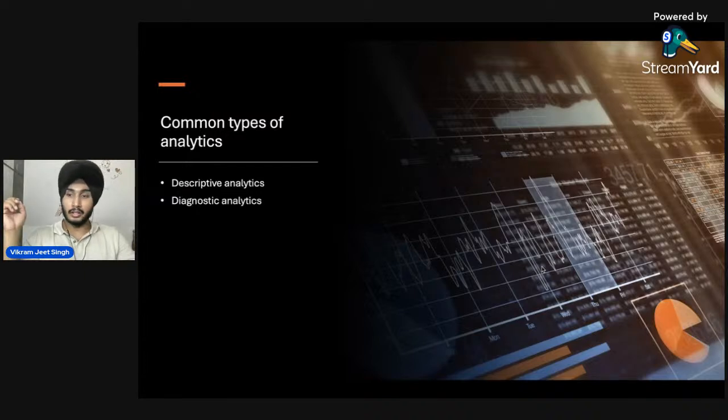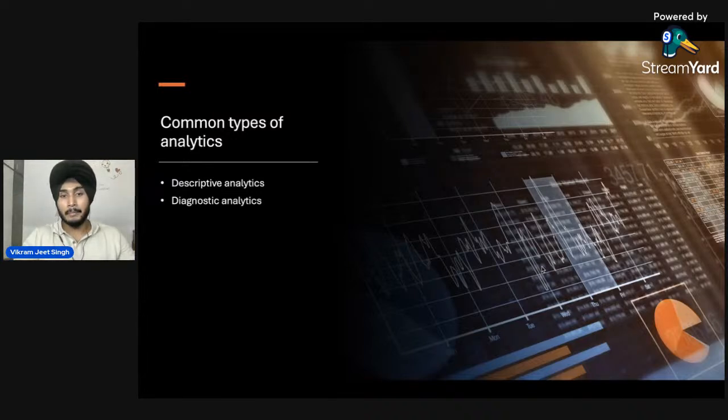It shows that their demand is there. So in diagnostic analytics, we do the RCA: if something has happened, then why it has happened. During my time at Swiggy, it was Diwali time, and we saw a spike in the frauds in the city of Jaipur.